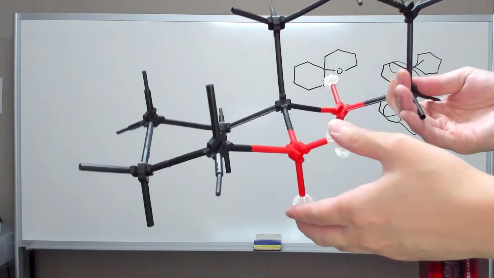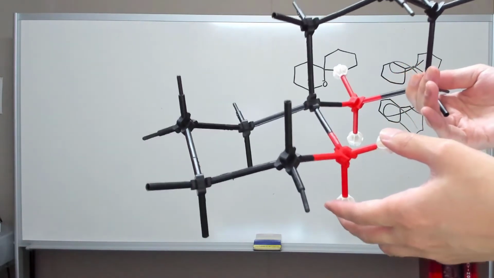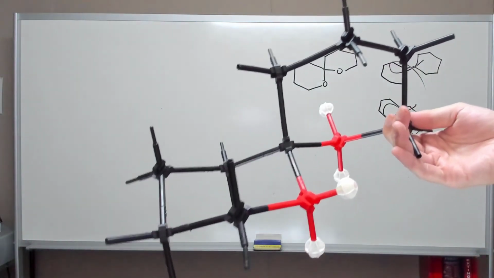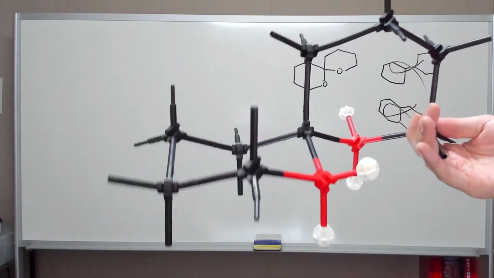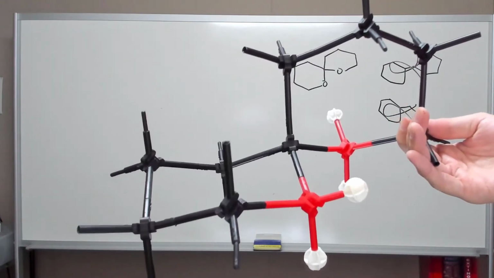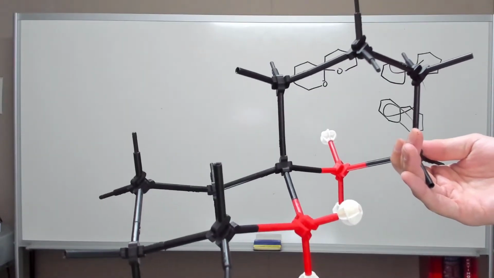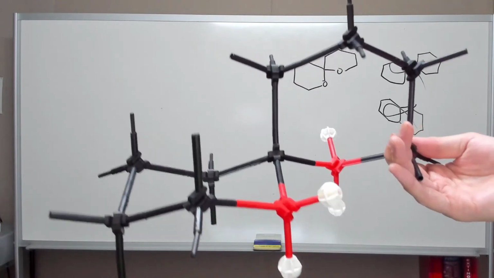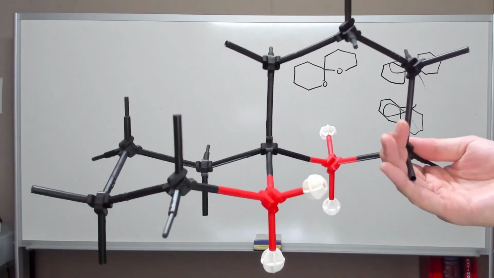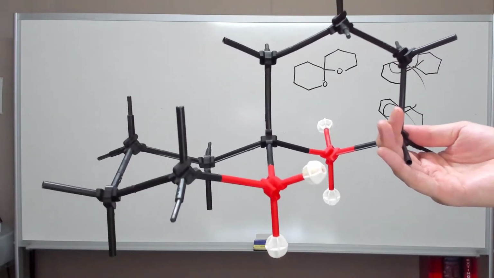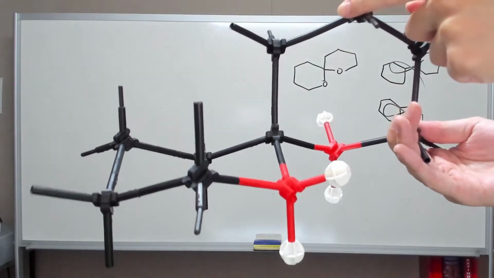From here, you notice that in order for me to have the most stable structures, both rings must be in chair conformation. On the whole, there will be three potential conformations which I can draw for this particular spiro compound. Why is it three? Because this is one form, but for each of the chairs, I can actually do a ring flip.